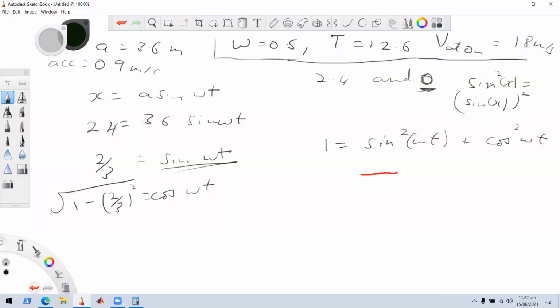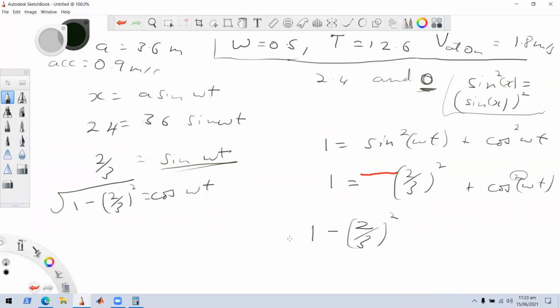So when we say 1 is equal to this, we know sine omega t is 2/3, squared, plus cosine squared omega t. We can just solve this to 1 minus 2/3 squared, carry the square root over, which is equal to cosine omega t. Or just jump to this step, because you know what's going to happen since you've worked this question before.